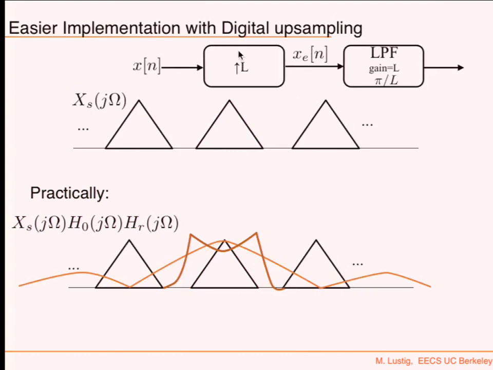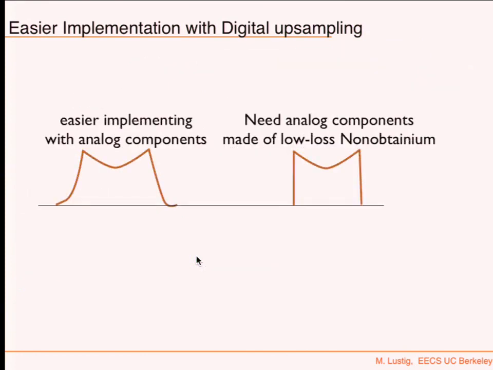So what I'm going to do is maybe upsample, spread these a little bit away, then do zero order hold, which now produces something like this, and then filter with something that is not as sharp in the analog domain. So if this is an easier implementation with analog components, and this one needs analog components made of lossless non-obtainium components, then I would prefer this.